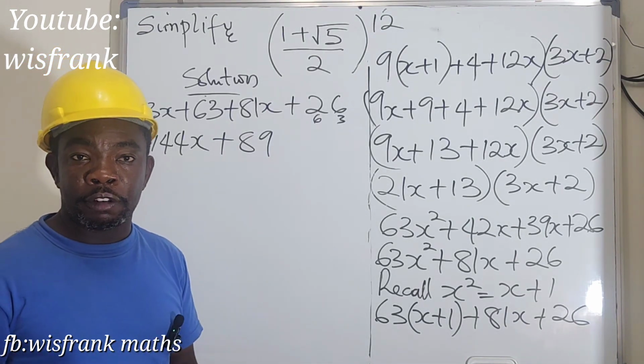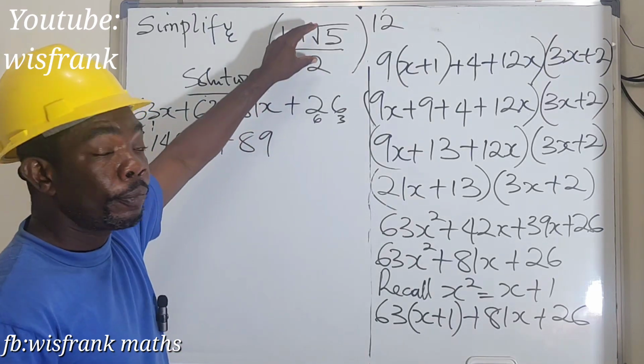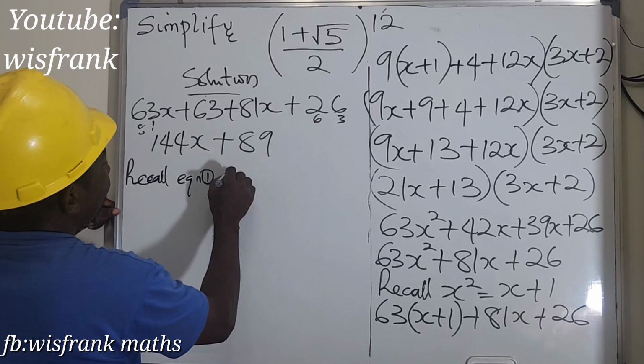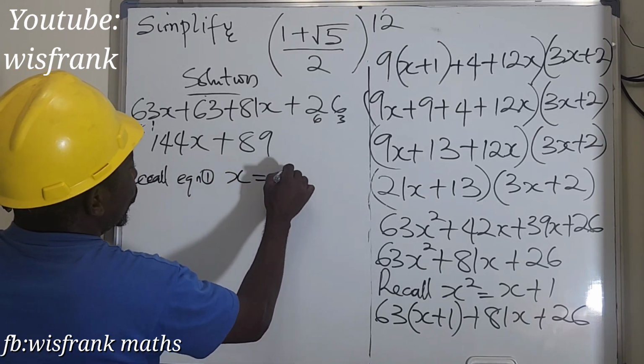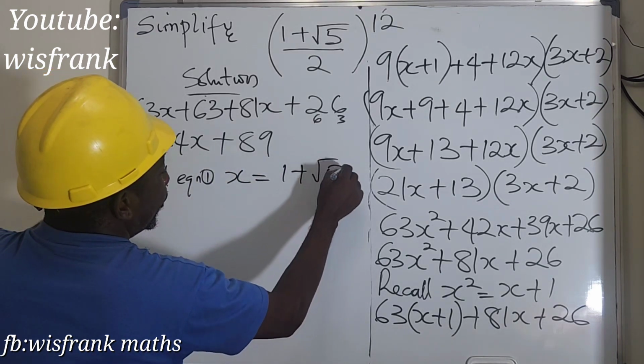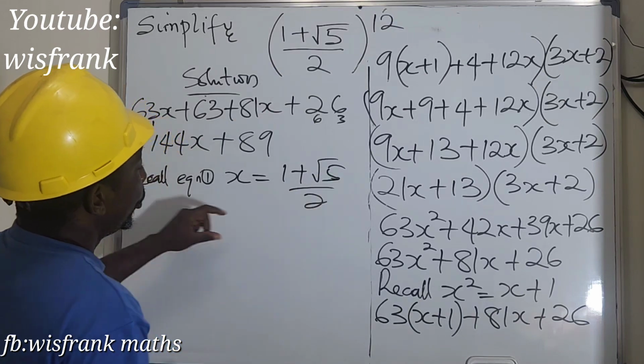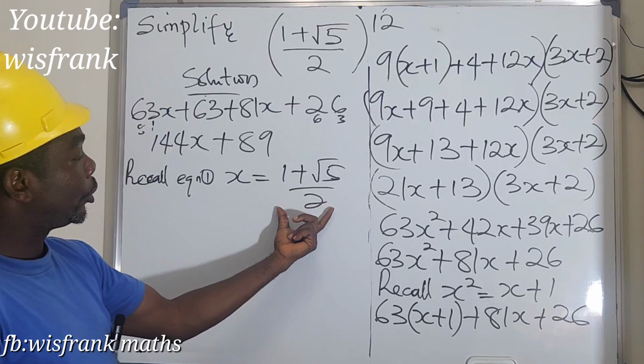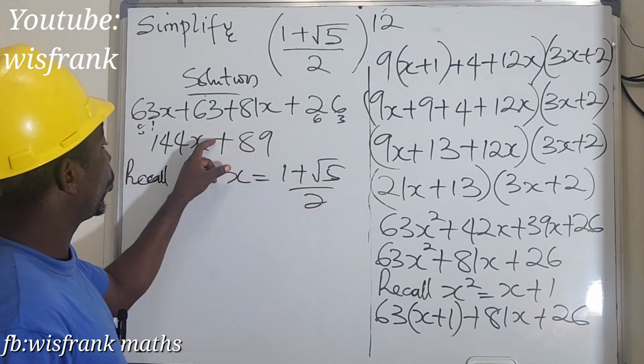We are not looking for the value of x, because from our equation 1, recall equation 1 as when we have x equals 1 plus root 5 all over 2. So this is what we have from equation 1. So we are going to substitute the value of x here into what we have here.